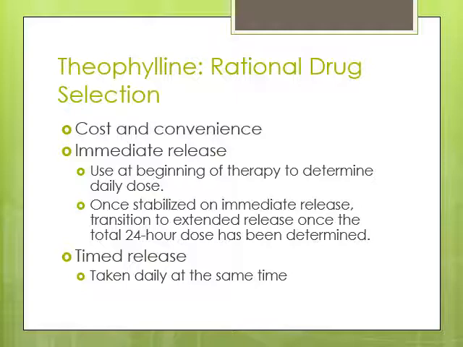Once a patient is stabilized on immediate release, there's a transition to extended release once the total 24-hour dose has been determined. With timed release, there's a variety of different time-release theophylline, and there's a table that you can take a look at. The formulas range from 8 to 24-hour release, and you have to take these daily at the same time.